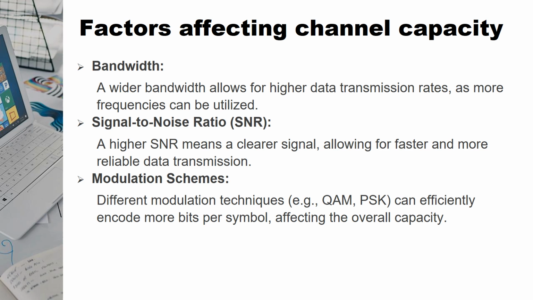This is our bandwidth. Then on signal to noise ratio, we said that this is S over N, S representing signal power, N representing the noise power. And this measures the strength of the signal compared to background noise, right? So a higher SNR means a clearer signal, allowing for faster and more reliable data transmission.